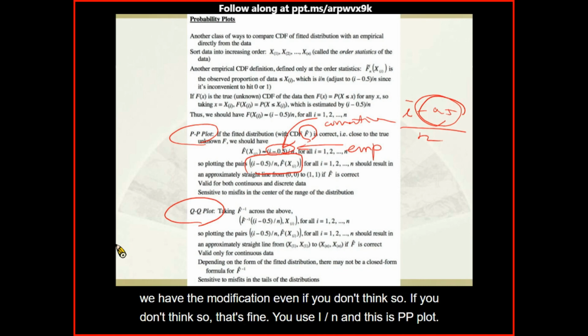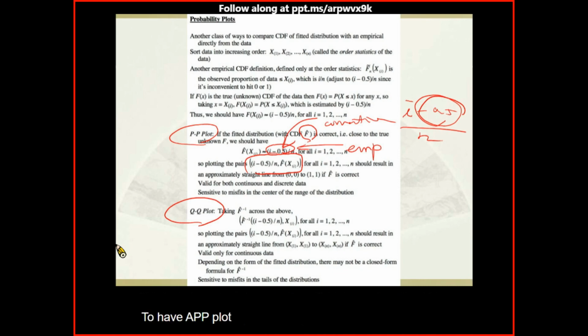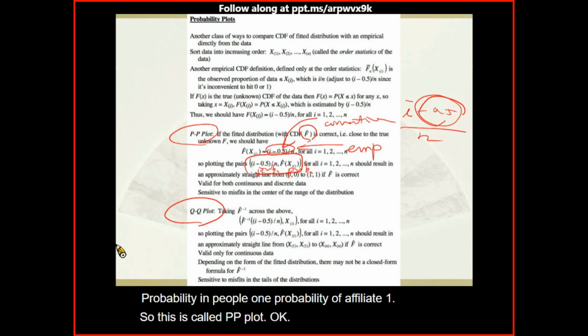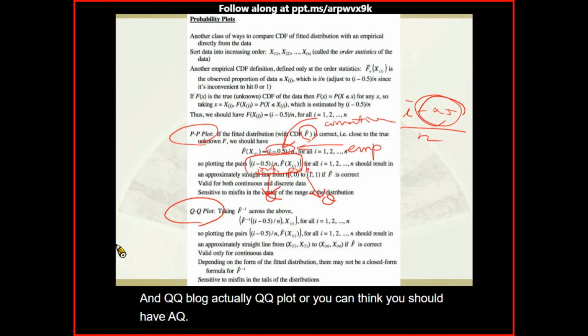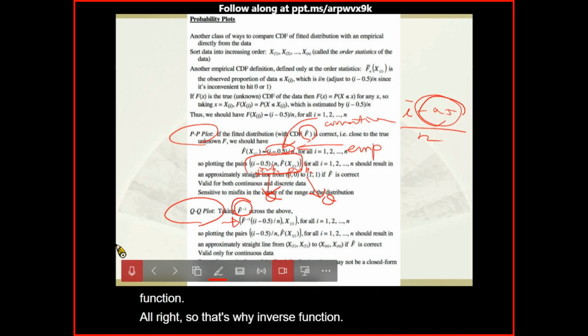To have a PP plot, we have the probability of the empirical one against the probability of the fitted one. So this is called the PP plot, okay? And for the QQ plot, you can think you should have a Q and a Q. So we have two Qs, but we use the inverse function.